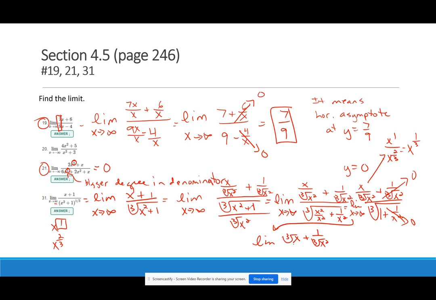Okay. Let me go back to the original. And then here I have the cube root of 1 plus 1 over x squared. And I'm looking at x going to infinity. So this goes to 0. That goes to 0. This goes to, that's like an infinity in there.